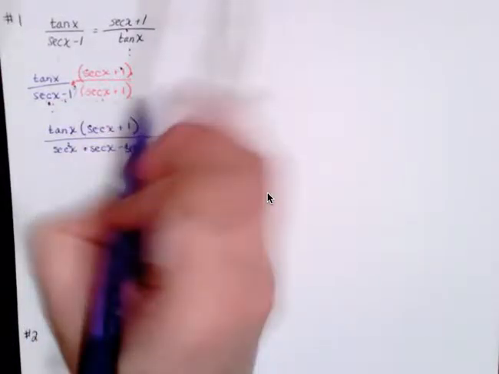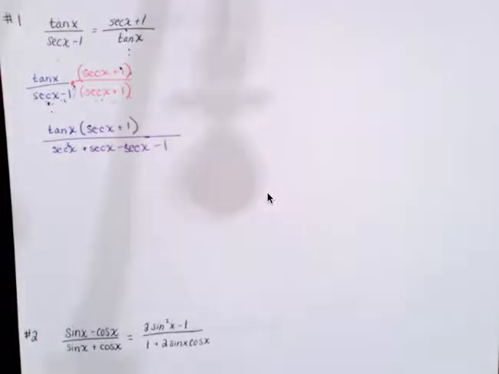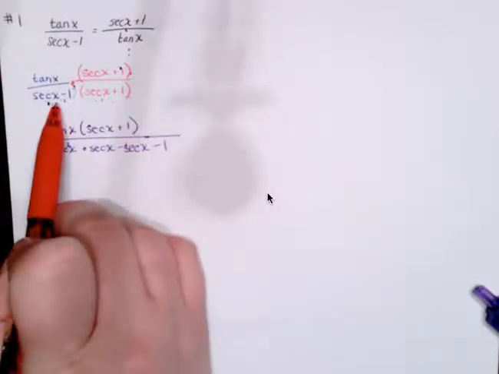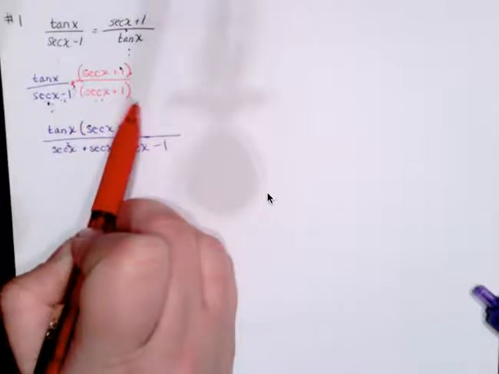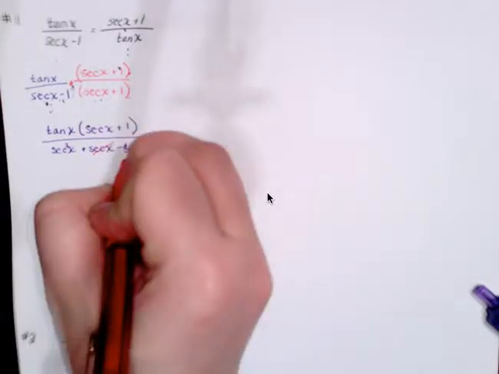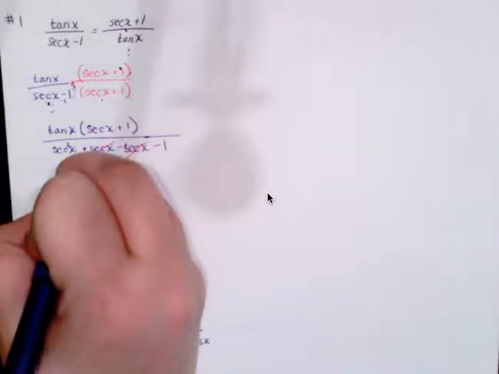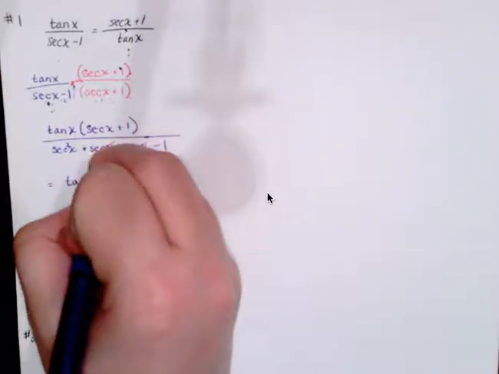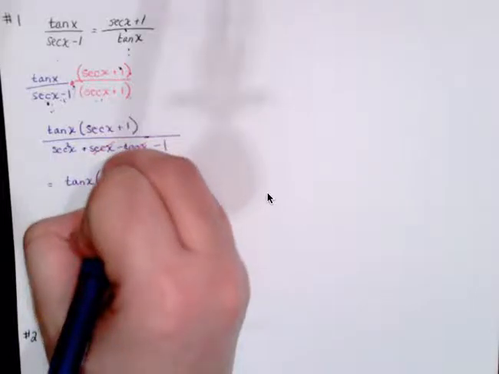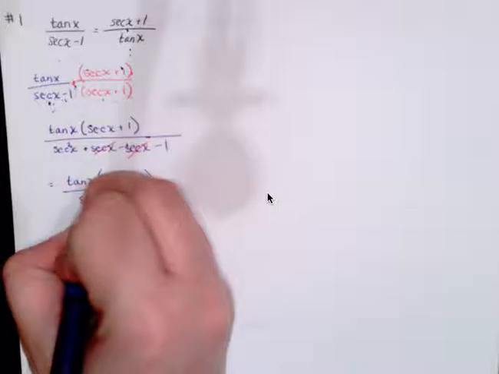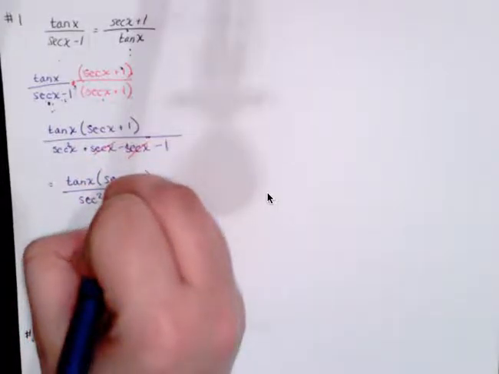And then negative 1 times 1 is negative 1. So then I'm left with that. Again, because these were conjugates of each other, meaning this middle term got switched, these cancel out. So then I'm going to be left with tangent of x times secant of x plus 1 all over secant squared of x minus 1.